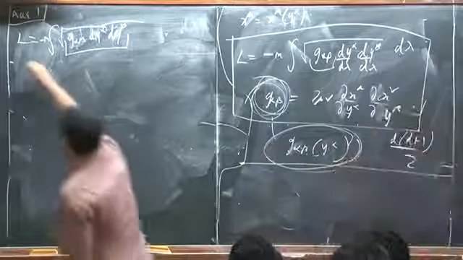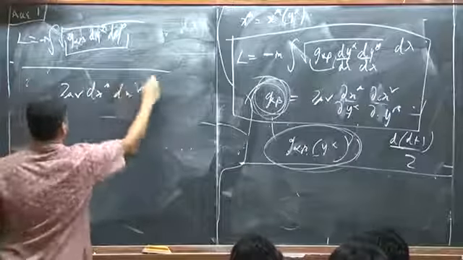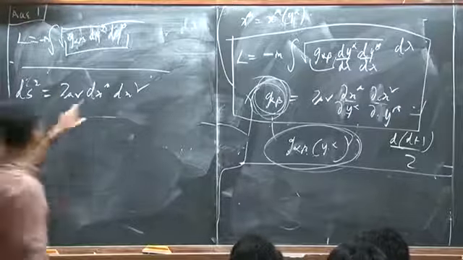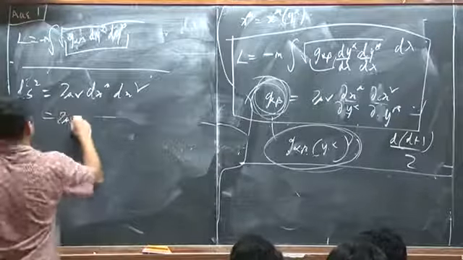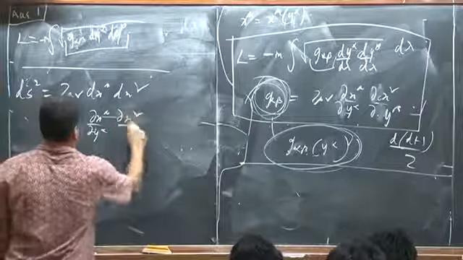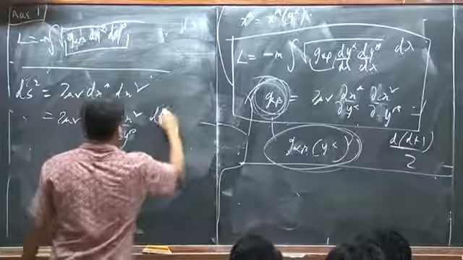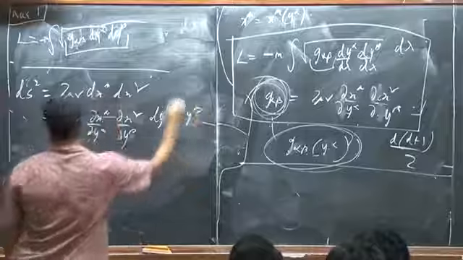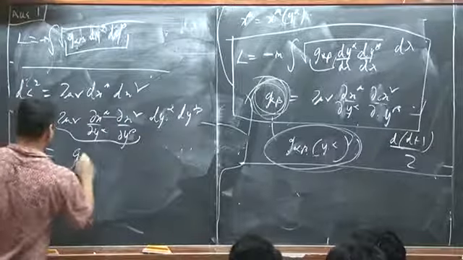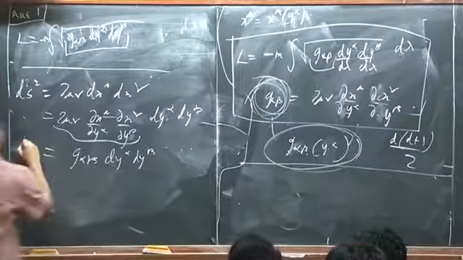Let me remind you. We started with eta mu nu dx mu dx nu. Let's call this ds squared. And then what we did is to say that this is eta mu nu del x mu by del y alpha del x nu by del y beta dy alpha dy beta, which is equal to, whatever it was, we call g alpha beta dy alpha dy beta.